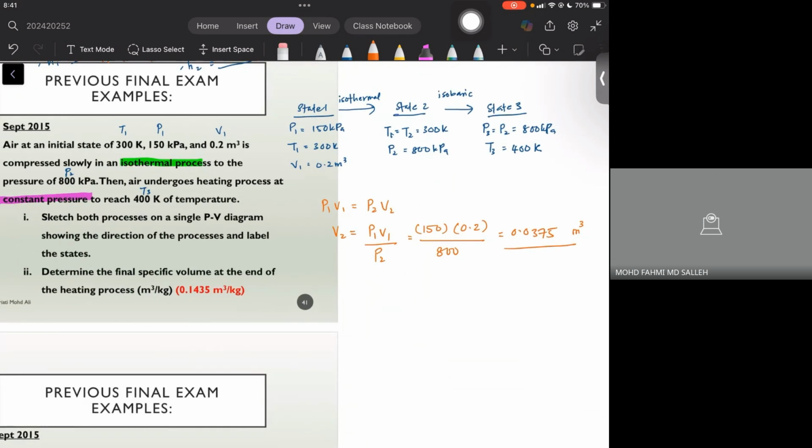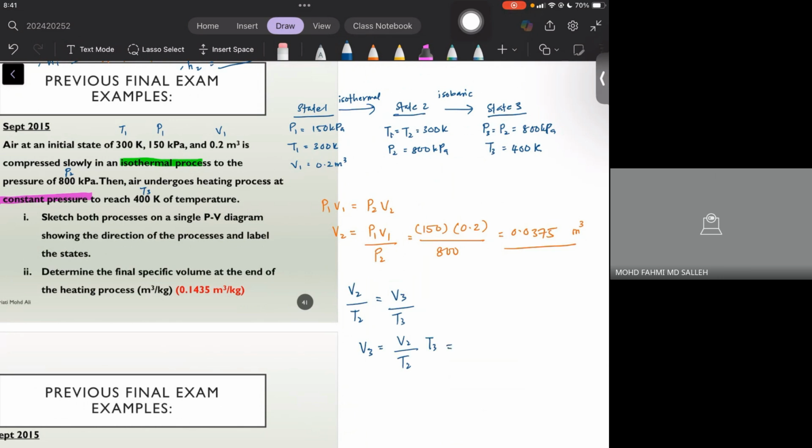All right. So next we are going to find the volume at state 3. Since we know that the process from state 2 to state 3 undergoes the isobaric process, we can use this relation: V2 over T2 equal to V3 over T3. So V3 is equal to V2 over T2 times T3.